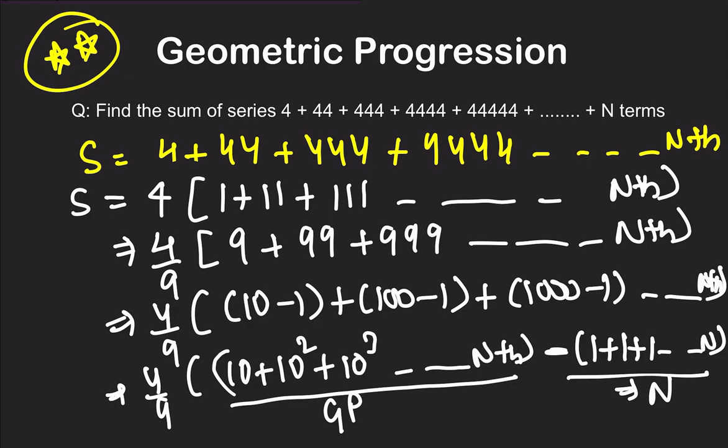So use the summation formula of sum of GP for the first part, and here the sum we already know, and then putting all these values, you will get the answer for n terms of this series. I hope this is clear.